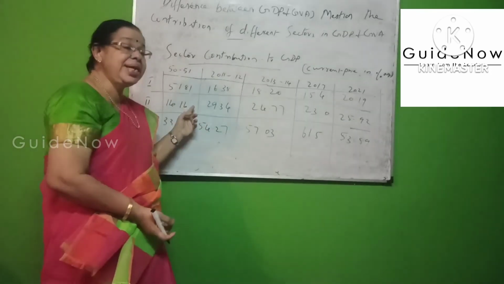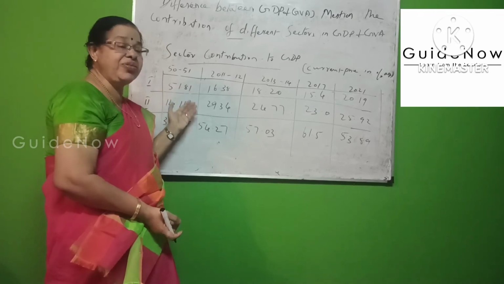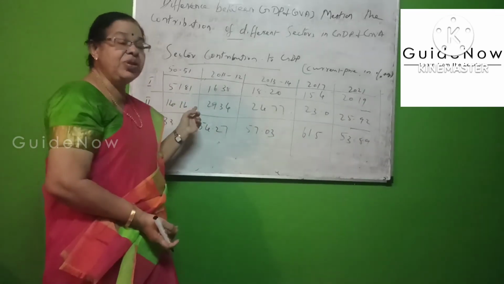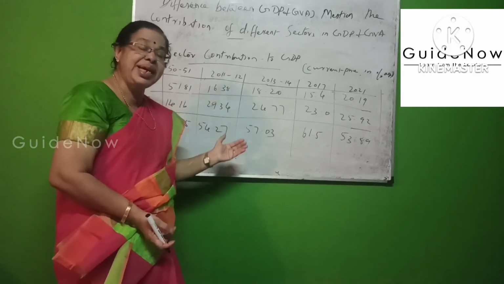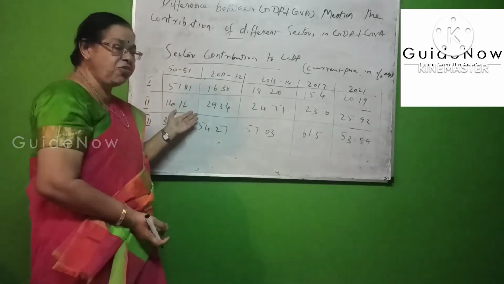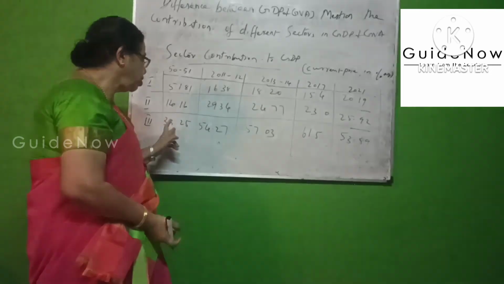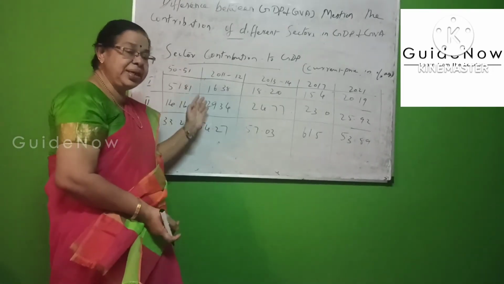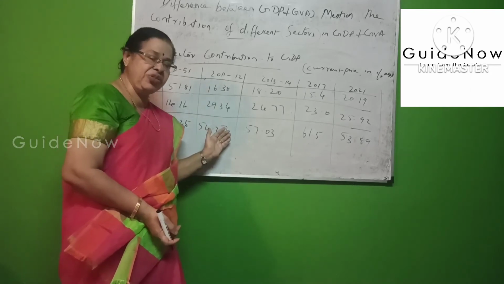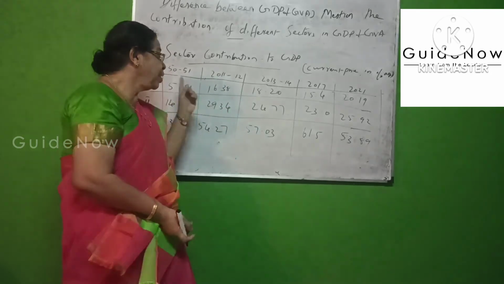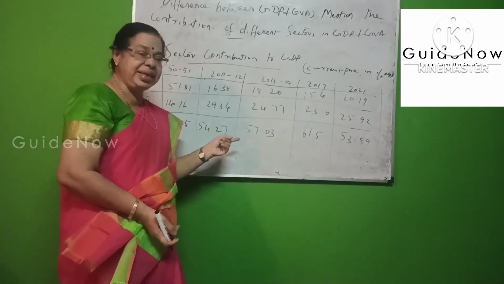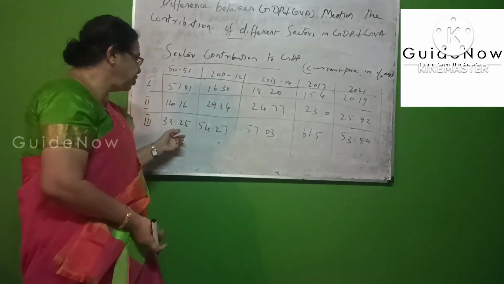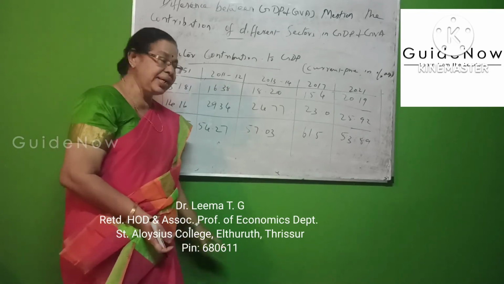So more than half was the contribution of agriculture to GDP, but the secondary sector was less than 15, that's 14.16. And the third, service sector contribution was 33.25. So in 1950-51, agriculture's contribution was greater than the other two sectors, second the service sector, and last the secondary sector.